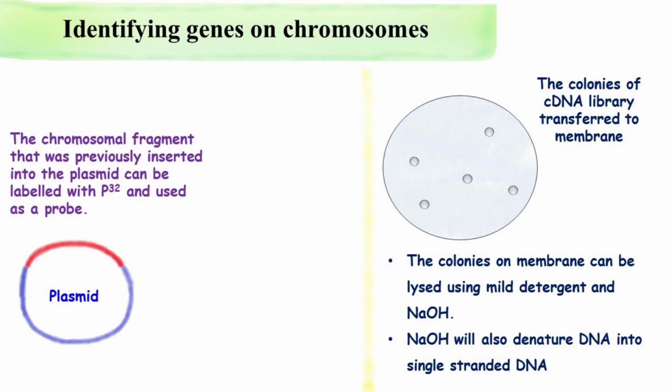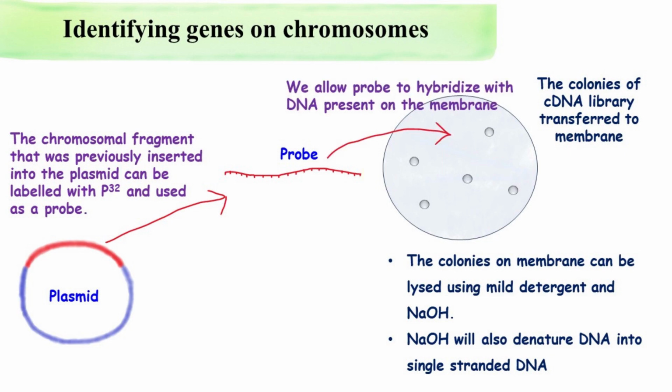This chromosomal fragment in the plasmid can be labeled with P32 and used as a probe. So we will remove this insert, label it with P32 and use this as a probe to hybridize with the DNA present on the membrane which contains the cDNA library.